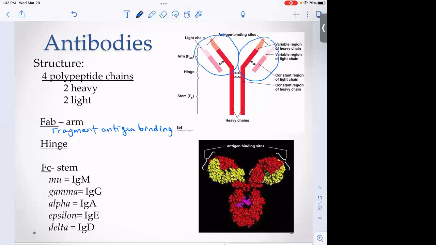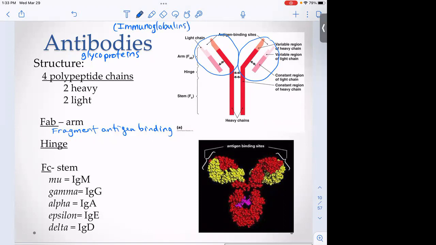I should back up and say that we consider antibodies to be glycoproteins. They're mostly proteins. There's a little bit of carbohydrate associated with them, so that's where the glyco comes in. We also sometimes refer to antibodies as immunoglobulins.